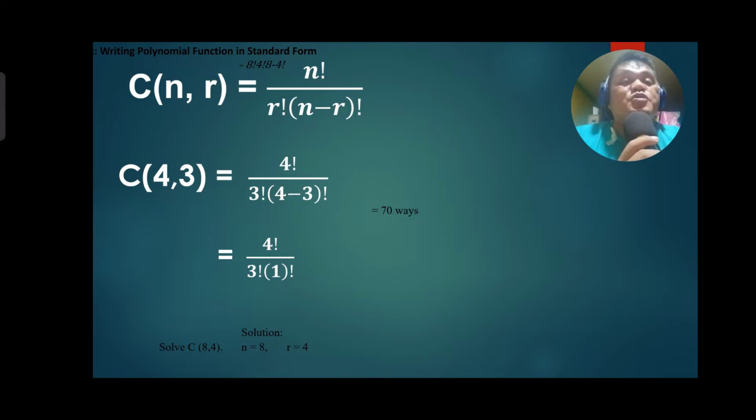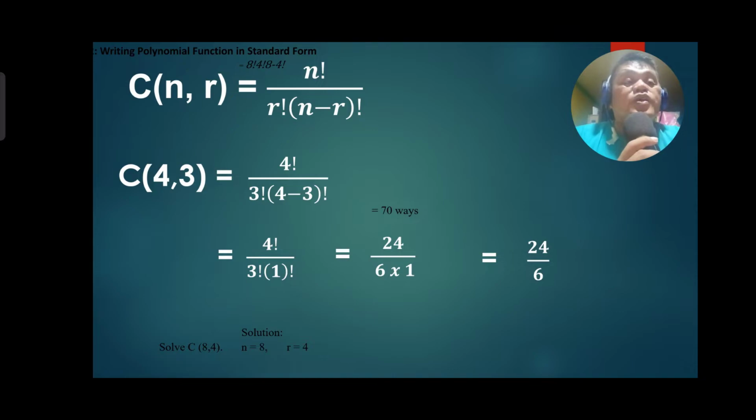What is 4 minus 3 factorial? This is 1 factorial. So this will be equal to 24, because 4 factorial is equal to 24, and we have 3 factorial is equal to 6 times 1 factorial is equal to 1. This will be equal to 24 divided by 6 times 1, which is 6.